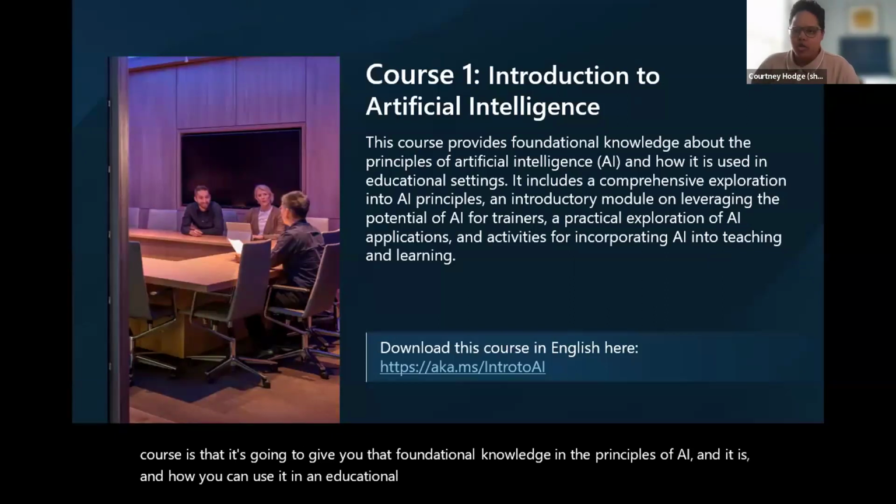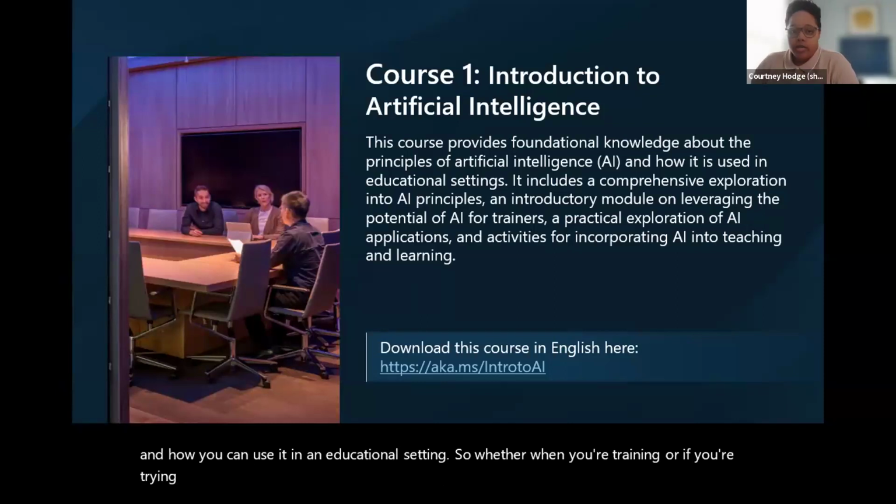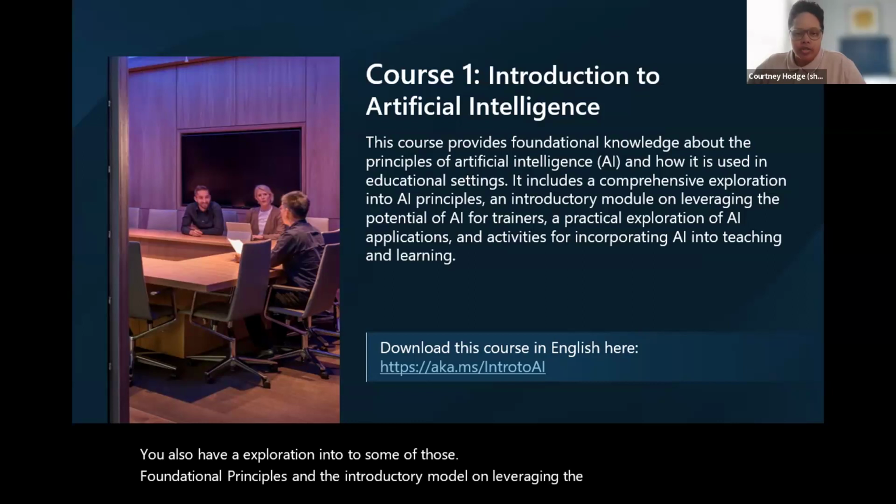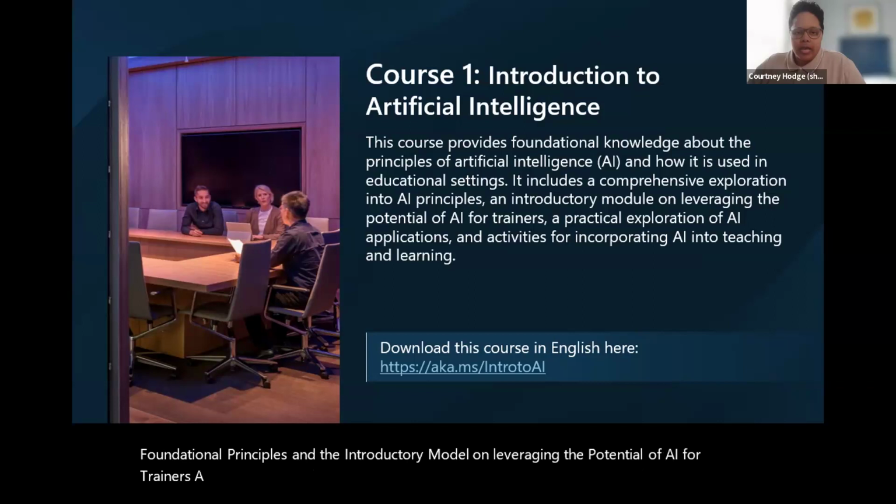So whether you're training, teaching other people, or training trainers, this is how you can use AI. You also have an exploration of those foundational principles, an introductory module on leveraging the potential of AI for trainers, a practical exploration of AI applications, and activities for incorporating AI into teaching and learning. So that's what you get in course 1.